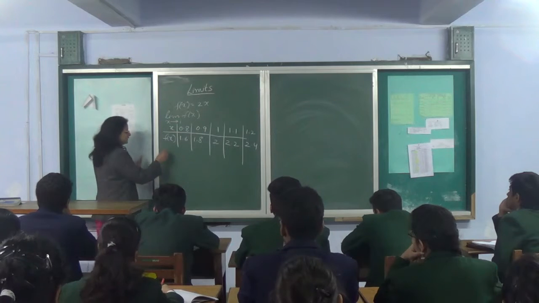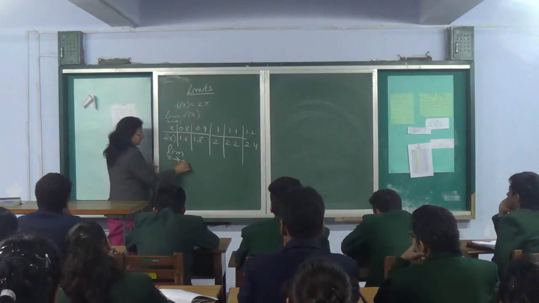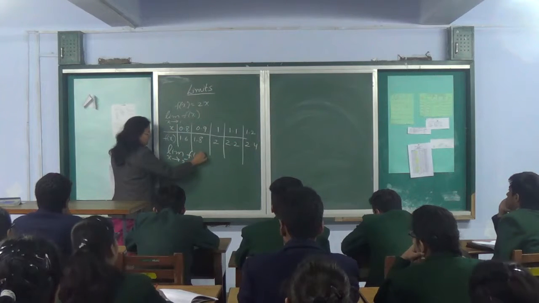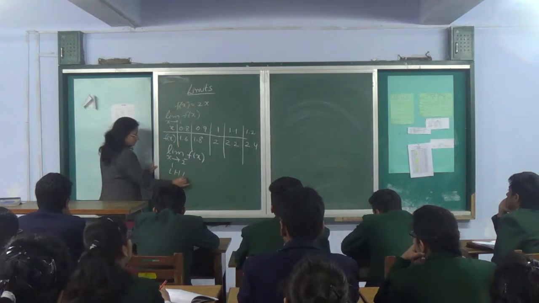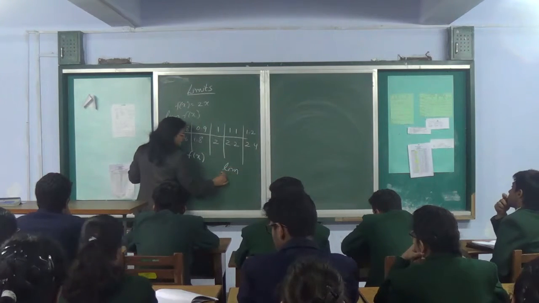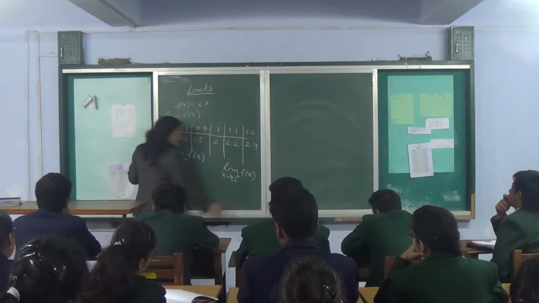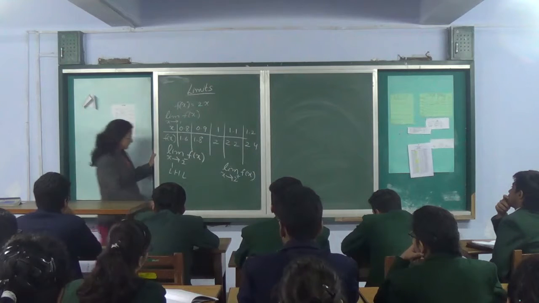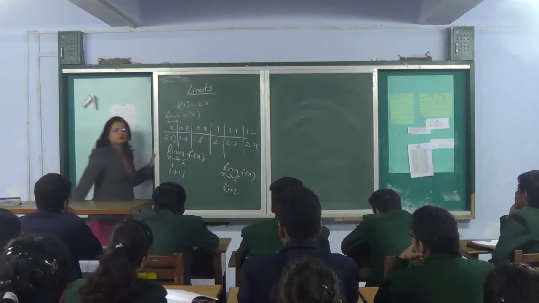And the notations are limit x tending to 1 minus f(x), this is the notation for left hand limit, and this is limit x tending to 1 plus f(x), and this is the notation for right hand limit.